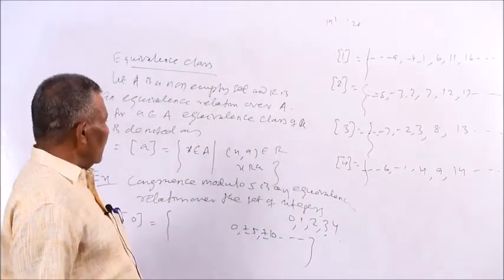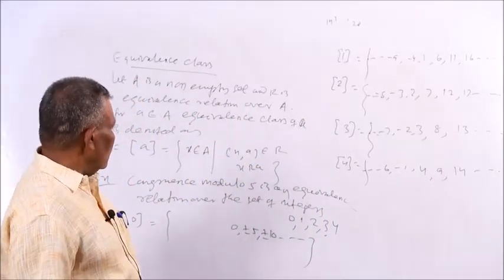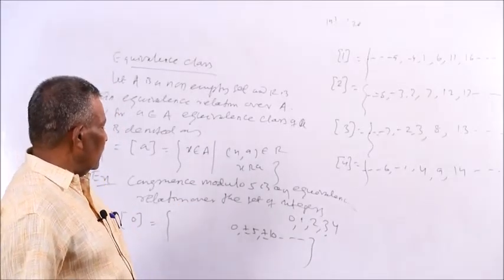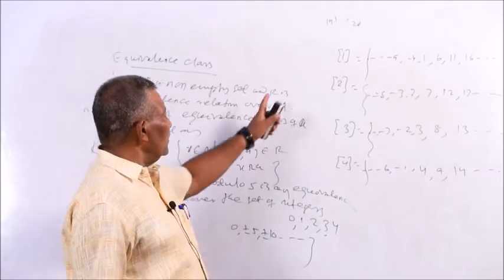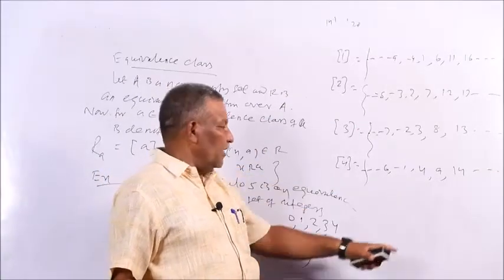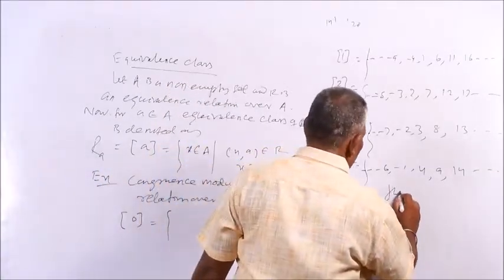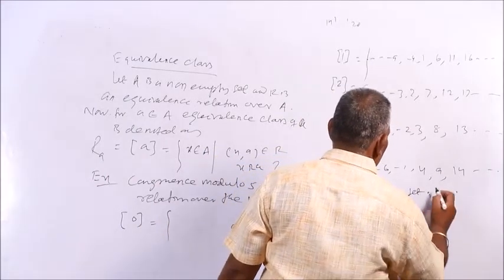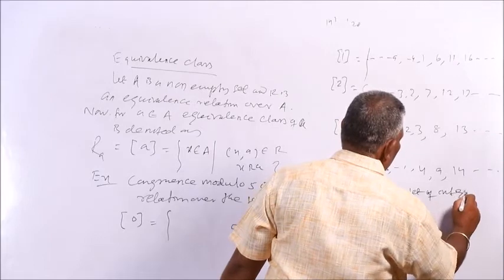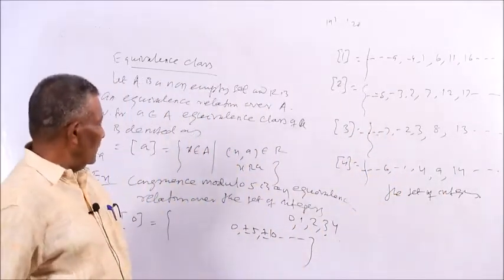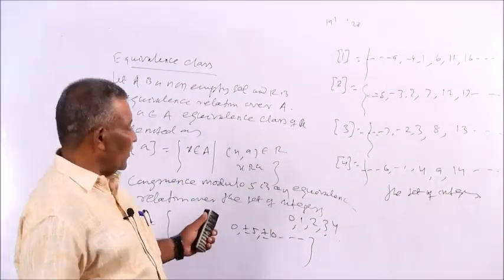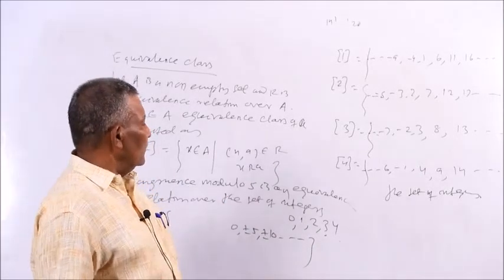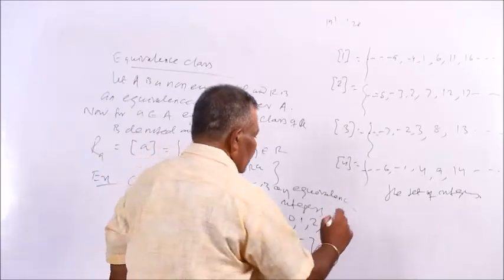So these are the 5 equivalence classes of the congruence modulo 5 relation, and if we take the union of all these equivalence classes, we will get the set of integers. That means this congruence modulo 5 relation divides the set of integers into 5 disjoint equivalence classes.